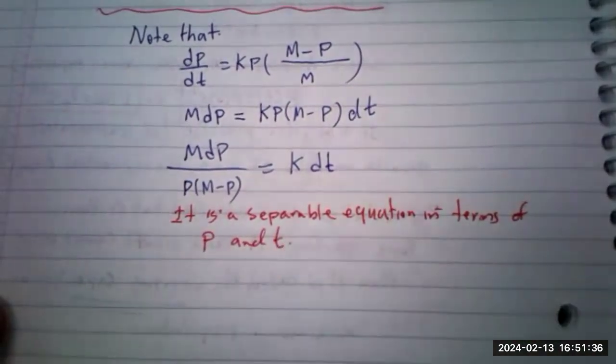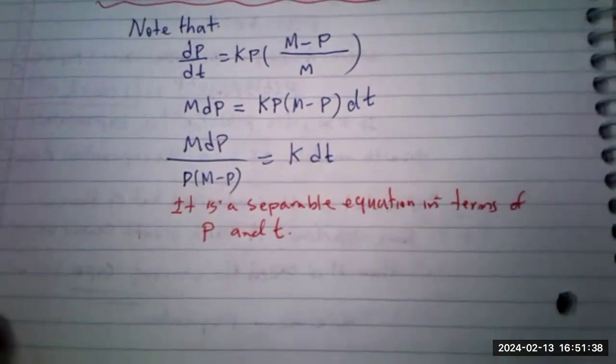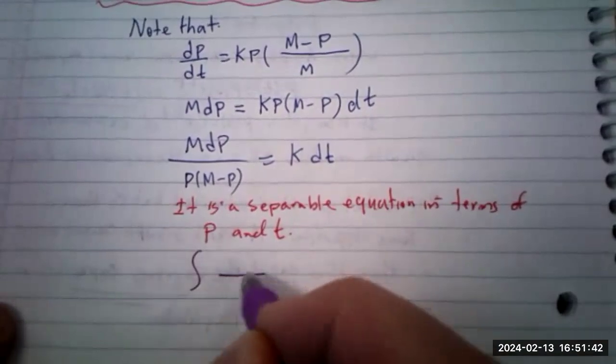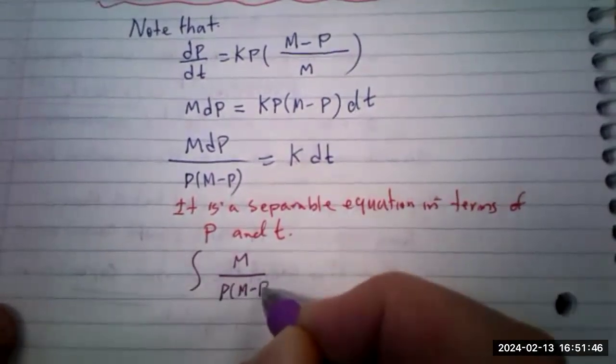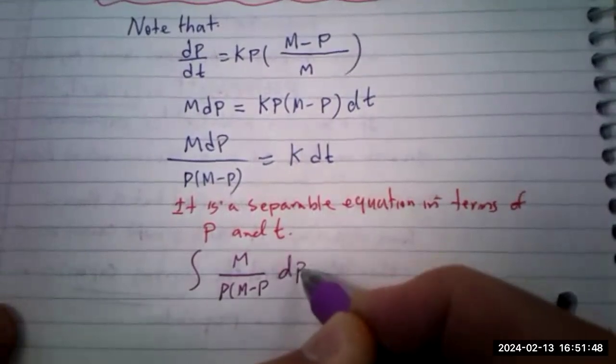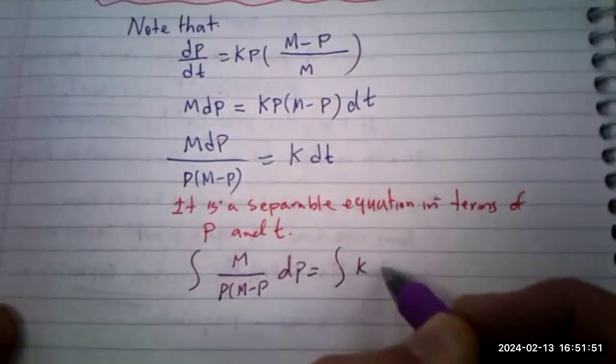Solve it. Take the integral of both sides. So what you have is the integral of m over p times m minus p dp equal to the integral of k dt.